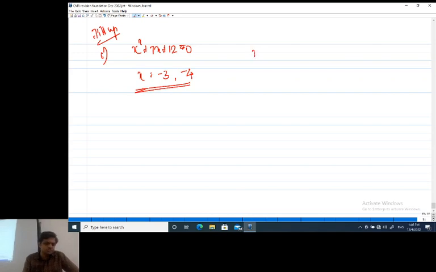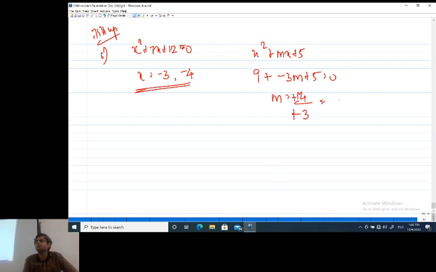Have common roots in x squared plus mx plus 5. So minus 3 is common. Then what comes? 9 plus minus 3m plus 5 is 0. 9 plus 5 is 14. So m will be 14 by minus 3. Rather minus 14 by minus 3. Minus minus goes away. So you are left with how much? 4 2 by 3.